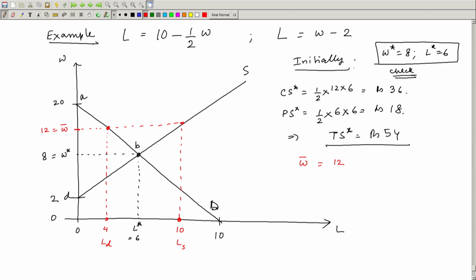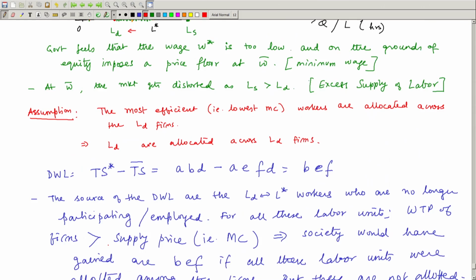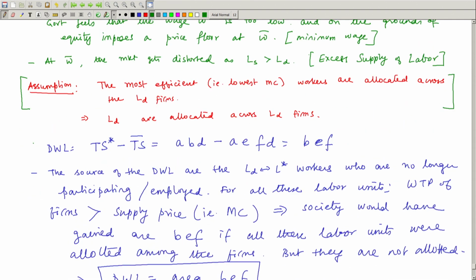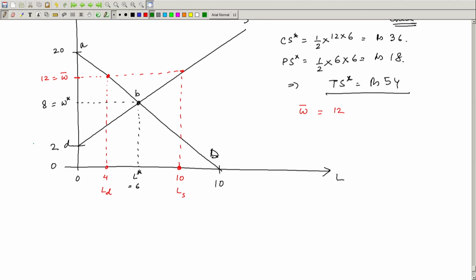So, as before, we need some allocation rule, and the assumption that we will impose is the following, that the most efficient workers are the ones who are being allocated among these LD firms.